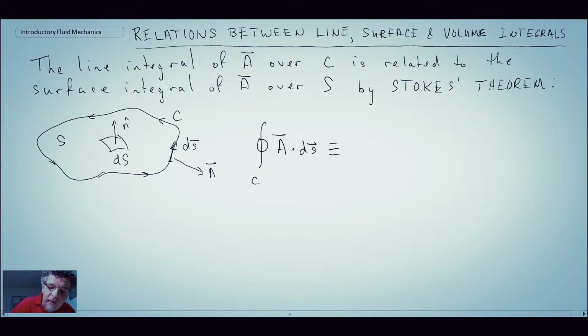And that is equivalent, we can relate that to being an area integral. And the relationship would be if you take the cross product of your vector field A that you're performing the line integral on, and then you dot that into the area vector dS.